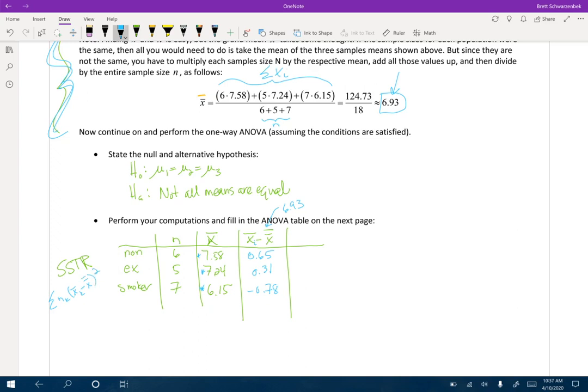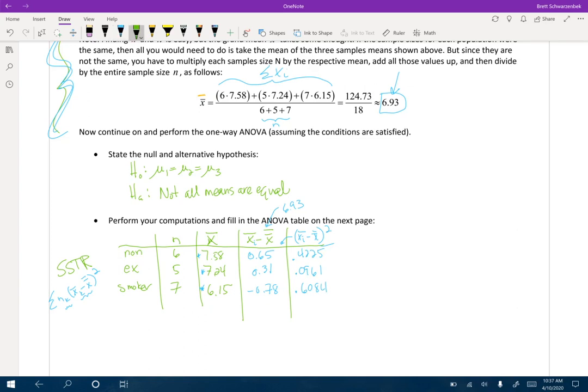So far we have what's in here, and we have n, but we now have to square what's here. So this is each x bar minus x bar bar, which we already have, squared. So what happens if we square this column right here? Well, let's do it. We get 0.4225, 0.0961, 0.6084.